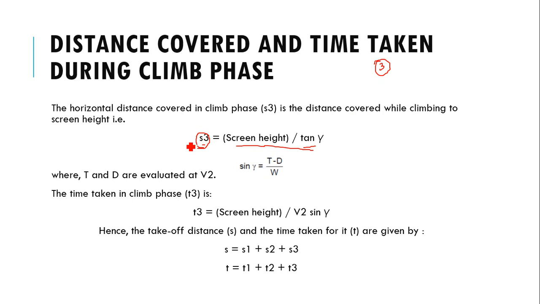Now we found the values for S1, S2, S3, and in the same way for T1, T2, T3. So the total distance covered during takeoff is S equal to S1 plus S2 plus S3, and the time taken is T equal to T1 plus T2 plus T3.